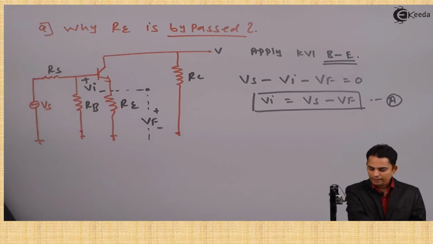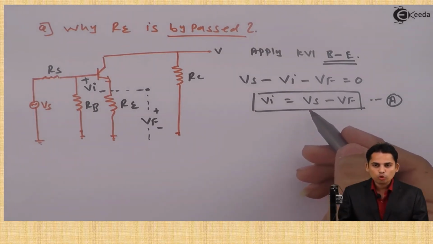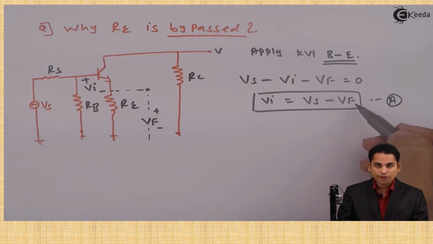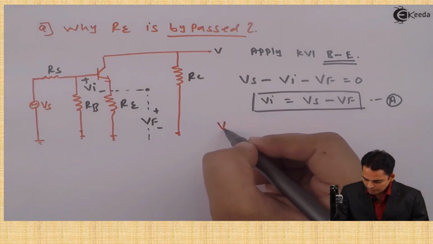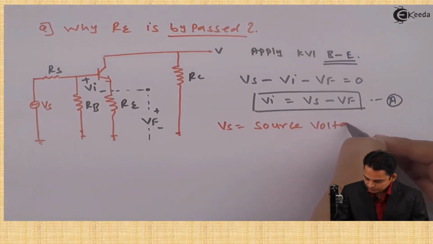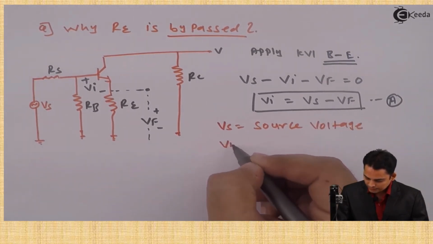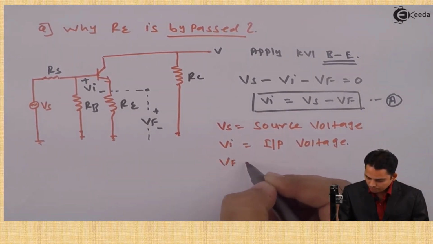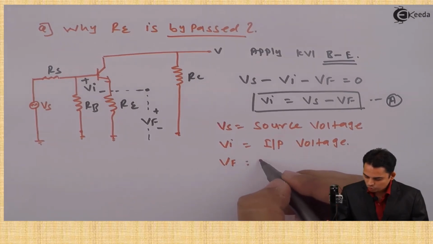Now, I will write where Vs is source voltage, Vi is input voltage, and Vf is feedback voltage.